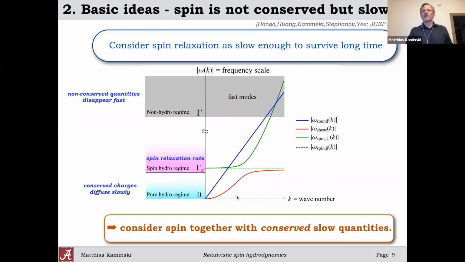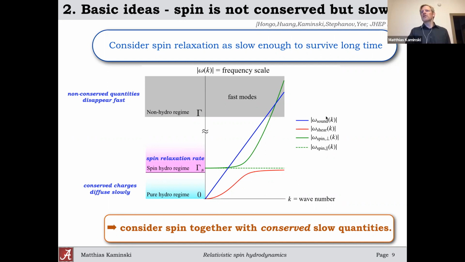If you think about it in terms of a dispersion relation, you have your hydrodynamic modes, which have a certain wave number here. We know that the hydrodynamic modes at zero wave number are gapless. They have zero frequency, zero energy. That's this axis here. And so you have, for example, these shear modes. That's the red example.